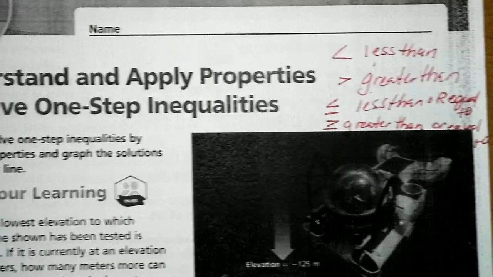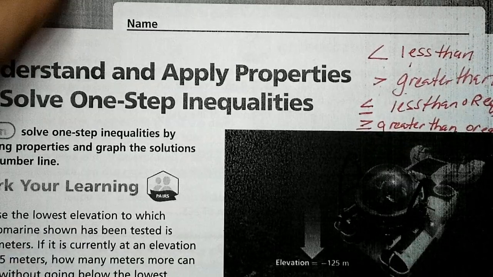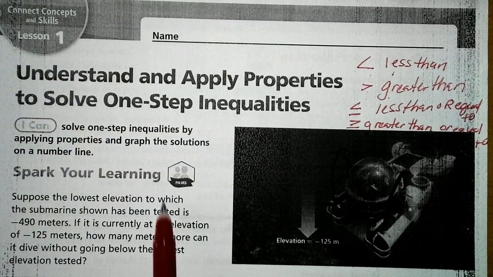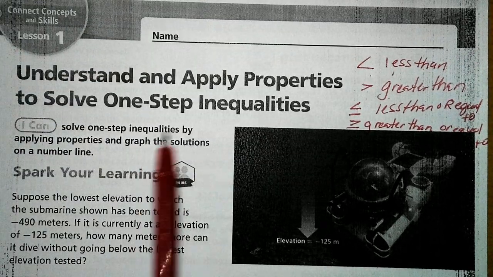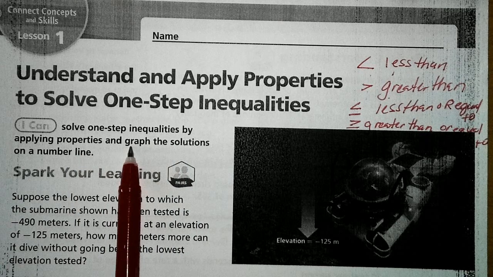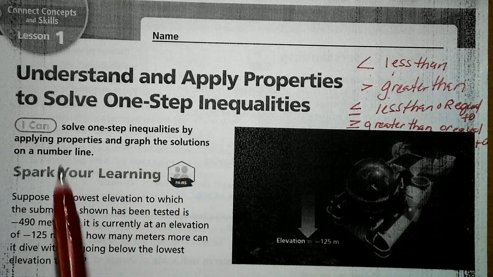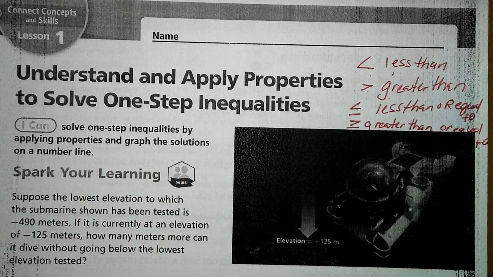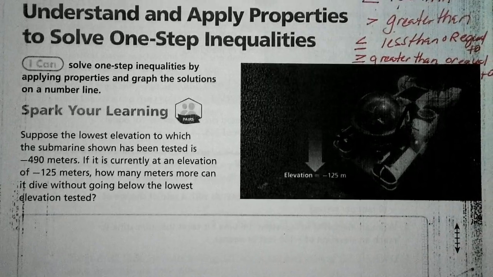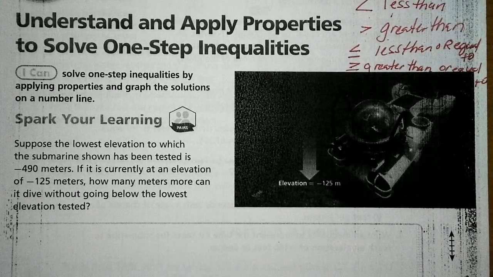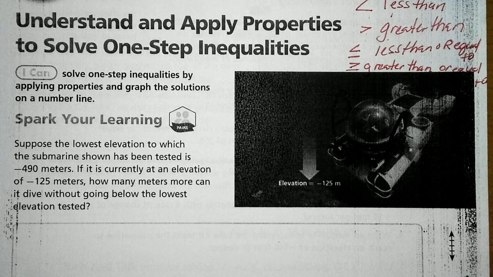All right, so today we are going to solve one-step inequalities by applying properties and graph the solutions on a number line. It says, suppose the lowest elevation to which the submarine shown has been tested is negative 490 meters.